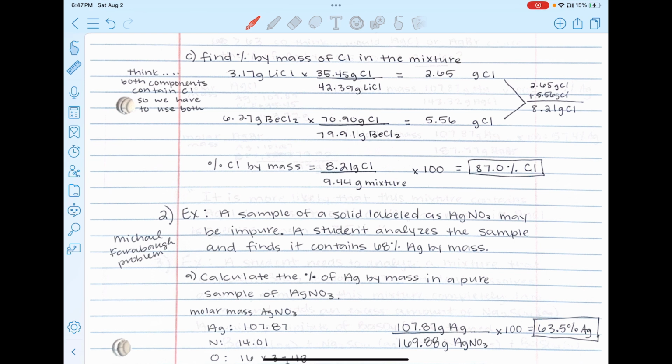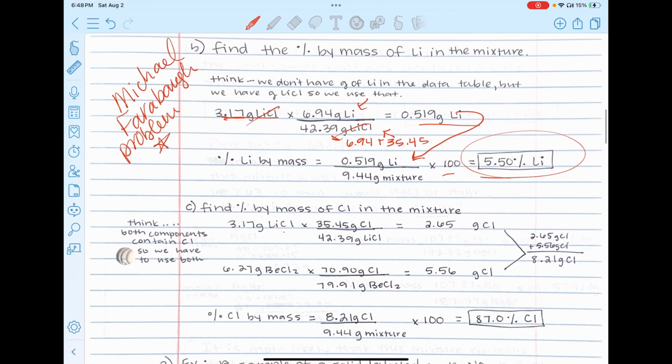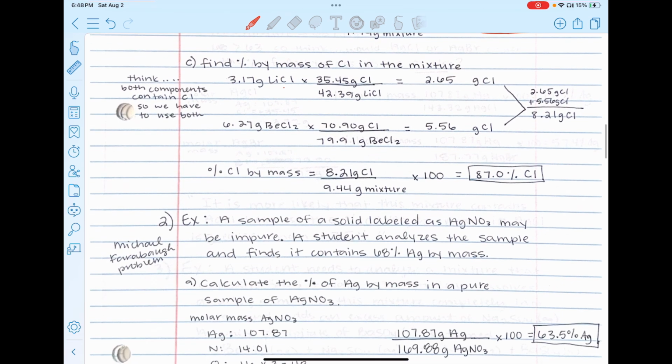So we're going to take our 3.17 grams of lithium chloride that was given, and multiply it by the mass of chlorine over the molar mass of lithium chloride. And we found the 42.39 in part B, so that saves us a little bit of extra work. But just for reference, we got this number from the periodic table. Lithium is 6.94, and we added that to the chlorine, which is 35.45, and the total of that is 42.39.